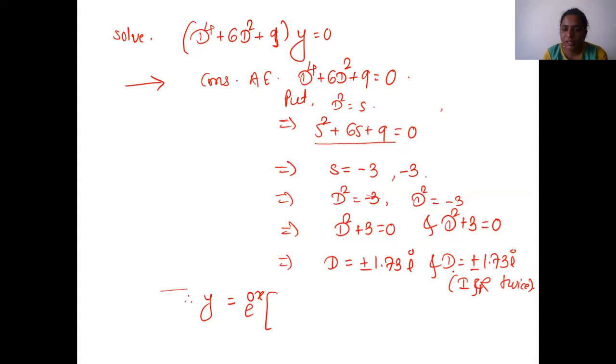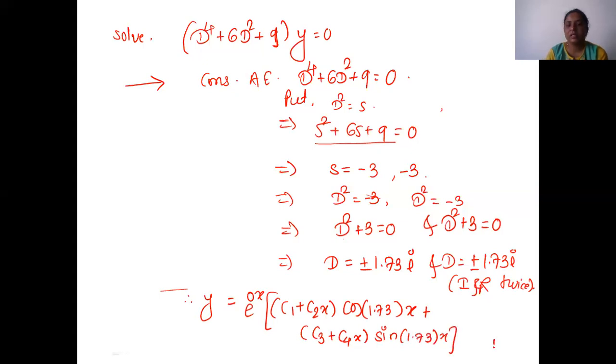Repeated 2 times, so two constants should get collected: c1 plus c2x in bracket cos 1.73x, plus c3 plus c4x into sin 1.73x is the general solution. Done. Any doubt? Ask.